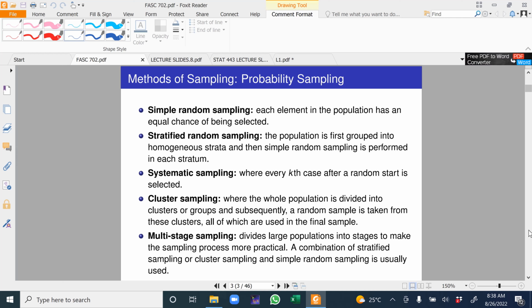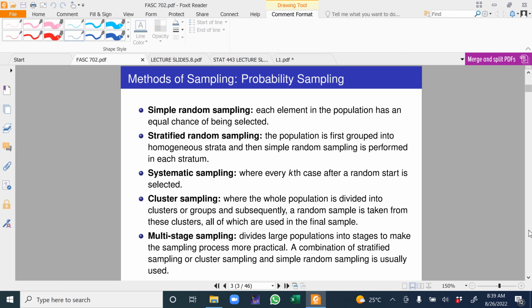So you have to go back to the drawing board and restructure your objectives before you can proceed, and that is a lot of time wasting. I think that is most of the time what wastes students' time when they are conducting their research. So please, correct specification of objectives is very important.